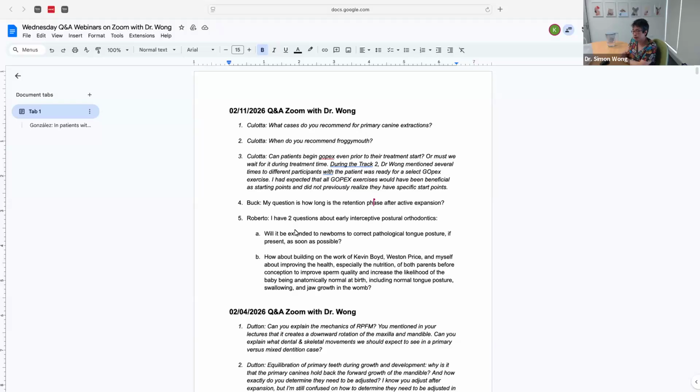When that point arises, where the last of the primary teeth are lost and leeway space is closed to allow the 12-year-old molars to erupt into position, that period is when artificial structural retention is dispensed with, and the focus becomes retention through management of posture, just through the exercise programs of table manners, speaking manners, and the swallow pattern with the water GoFX exercises and or the Froggy Mouth.